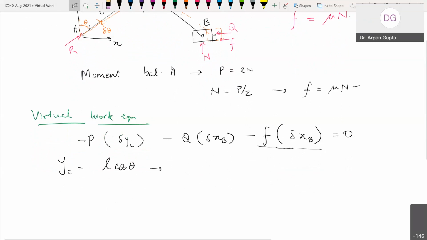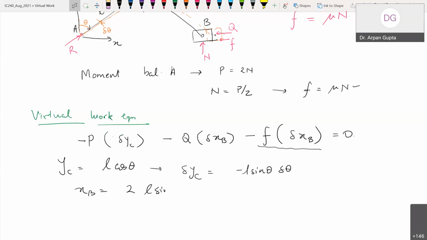From here, we will get the virtual displacement of yc equal to minus L sine theta delta theta. And similarly, your xb was 2L sine theta, and from here you will get delta xb is 2L cos theta delta theta.